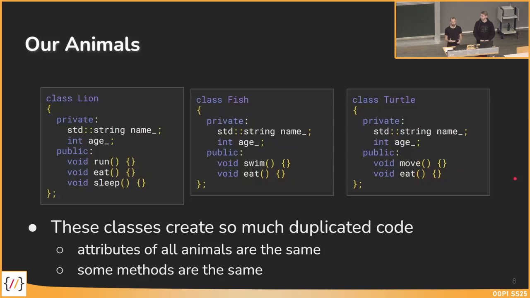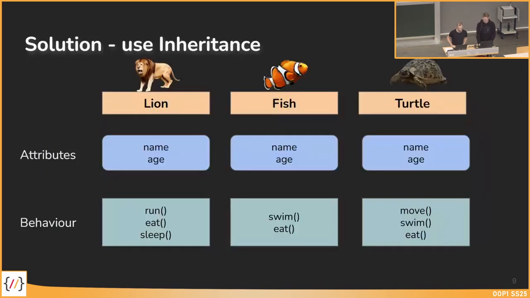So when we create these classes, we have a lot of duplicated code. So all the attributes, the name and the age, are the same for all our three classes. And some of the methods are also the same. This is not what we want, right? No, because we don't want to do extra work. We are silly. Yes. And we want to use inheritance for this.